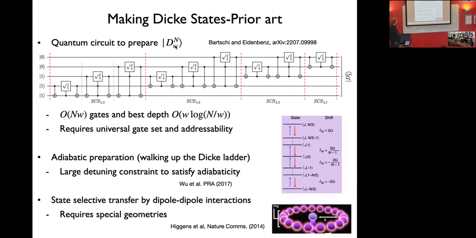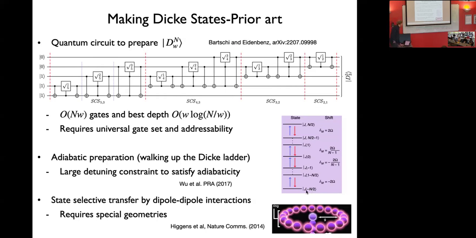There are other methods like adiabatic preparation, where you would start from, say, the all zero state, which would be the Dicke state with weight 0, or in the angular momentum notation, you indicate that by the JZ eigenvalue, which is minus n over 2.